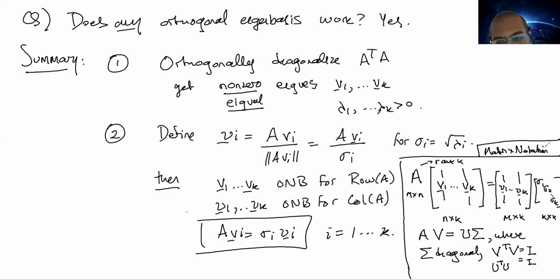I'm literally writing what's written down here in matrix notation: these are orthonormal bases and one gets mapped to the other.